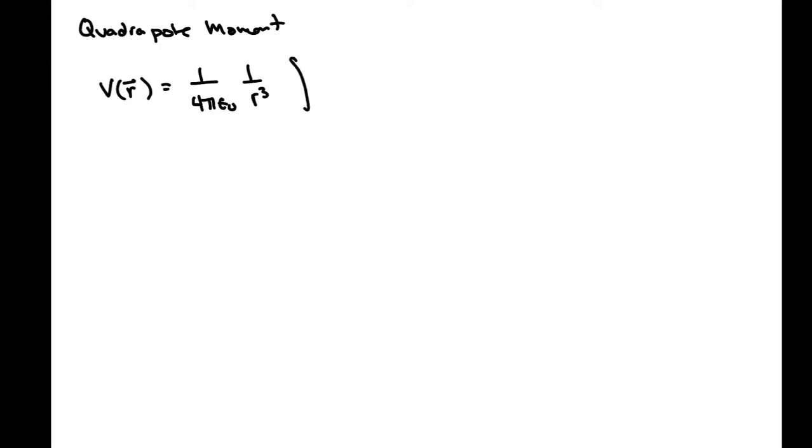Okay, so the last little bit would be to do the quadrupole moment. In this case, our potential would be equal to 1 over 4 pi epsilon naught 1 over r to the third, times a big old integral of r prime squared, and we can put in our Legendre polynomial times rho times d tau.